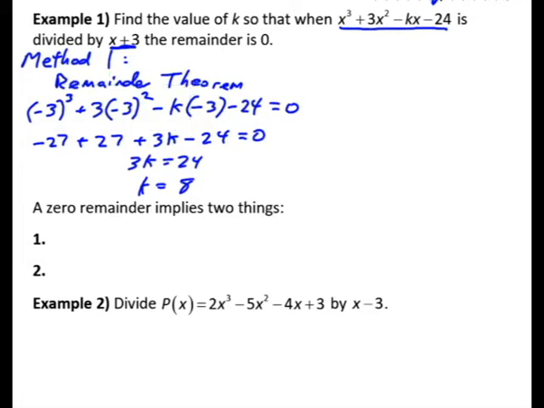Method 2 is simply using division. We'll set up synthetic division using -k as one of our numbers.